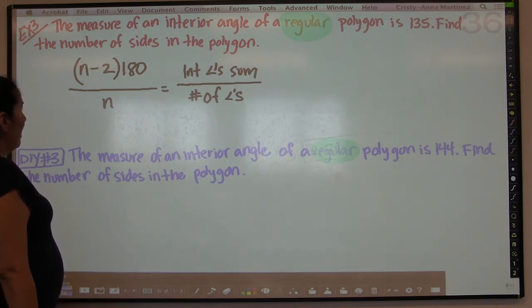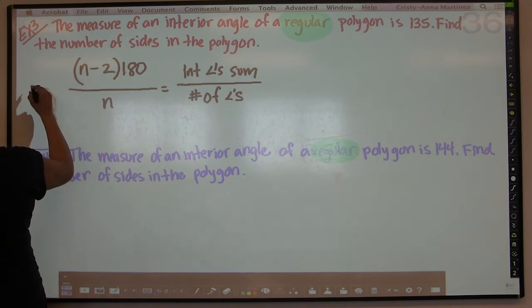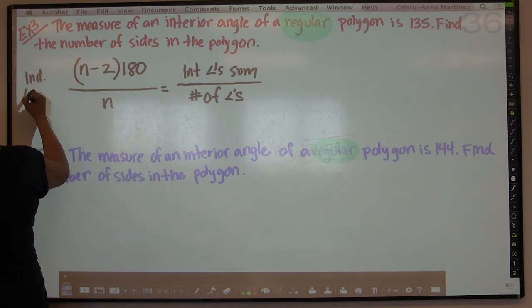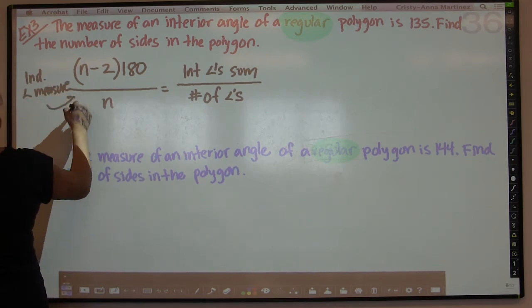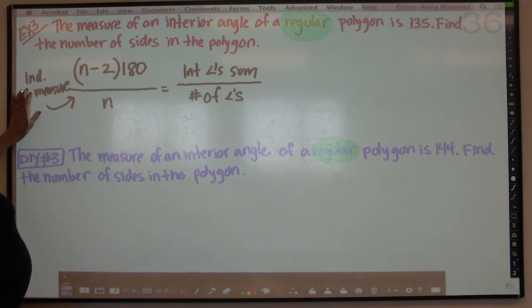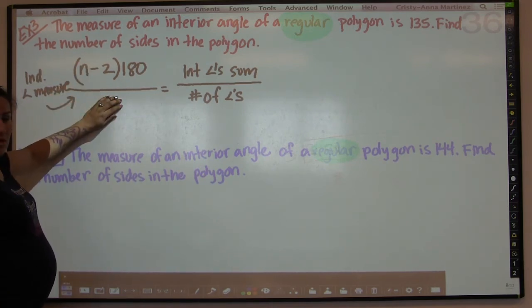So at the end of the day, each angle measure was equal. This was the individual angle measure. It's a formula, if you will. The individual angle measure for a regular polygon is to take the sum, which is n minus 2 times 180, and divide it by n, because that's the number of angles.